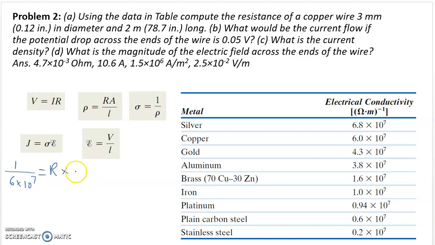For a 3 millimeter wire, it is pi divided by 4 into 0.003 meter squared, divided by length. Length is 2 meter. I will calculate it for the value of R. In this case I will get a value equal to 0.0047 ohm.